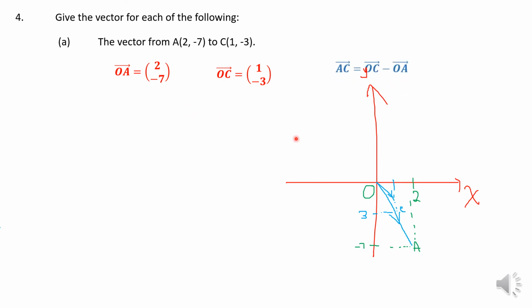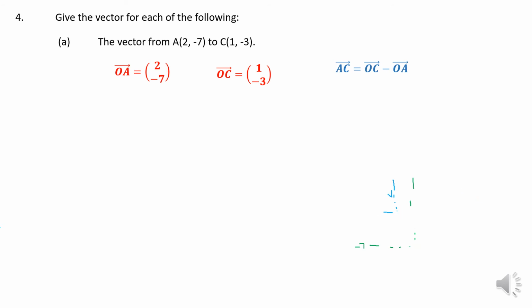Right, so then what I also like to do, because we are not totally finished with this particular question, is find the vector from A all the way up to C. That is why it was necessary for us to write OA and OC as position vectors. Does that make sense? So we are supposed to find AC. When we find AC, it is going to be the second point, which is OC, minus the first point, which is OA.